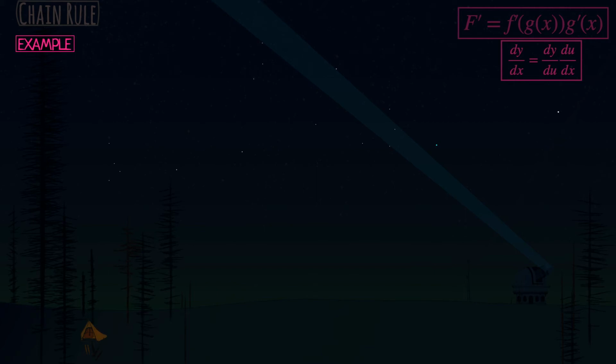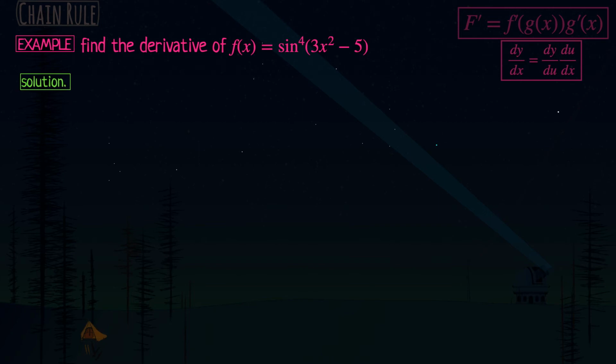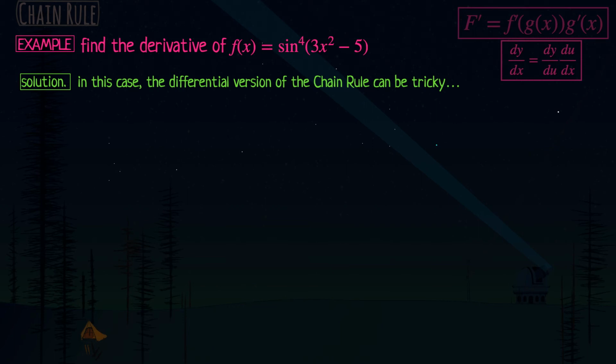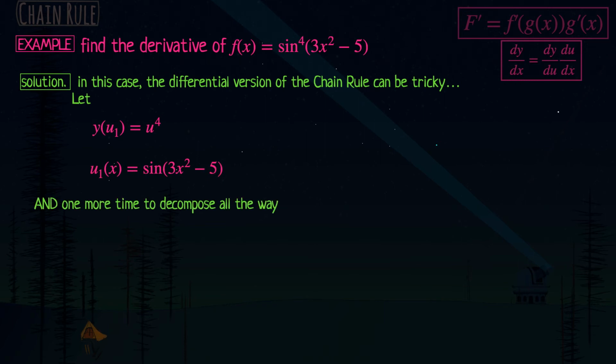Now this one is where it gets complicated. I'm going to allow you to read through this because we have a double decomposition here, and that means we're going to have a few different things to multiply to get to our derivative.